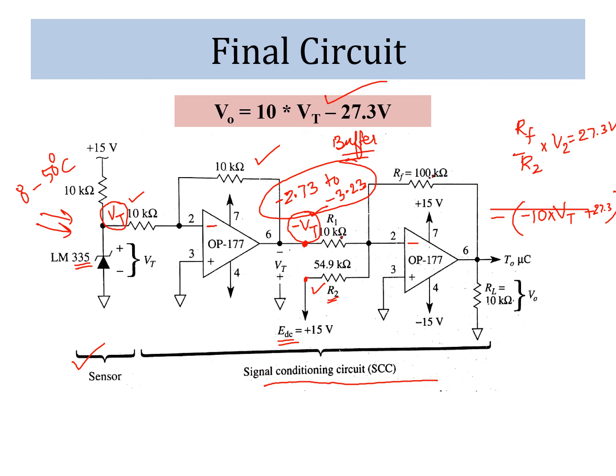So this value, whatever this VDC is, will never be 27.3 volts. Let's say it is 3 volts here, so ultimately V out will never go beyond 15 volts. V out will always remain from 0 to 5 volts.